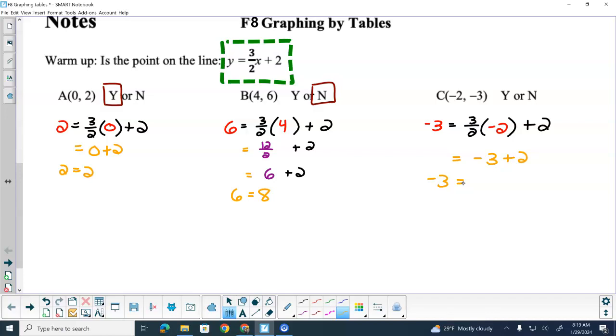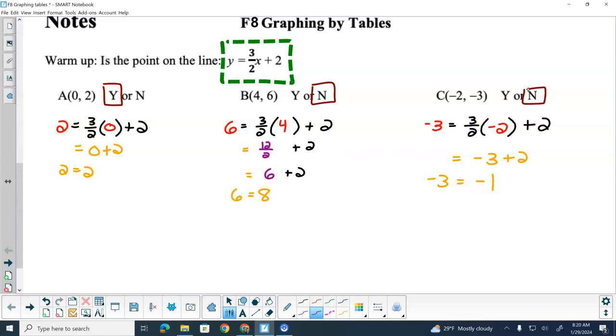So that would be negative 2, negative 1. When we add, we go up, right? Yep, so negative 1. Is that true or false? That's a no. They're not equal. Okay?